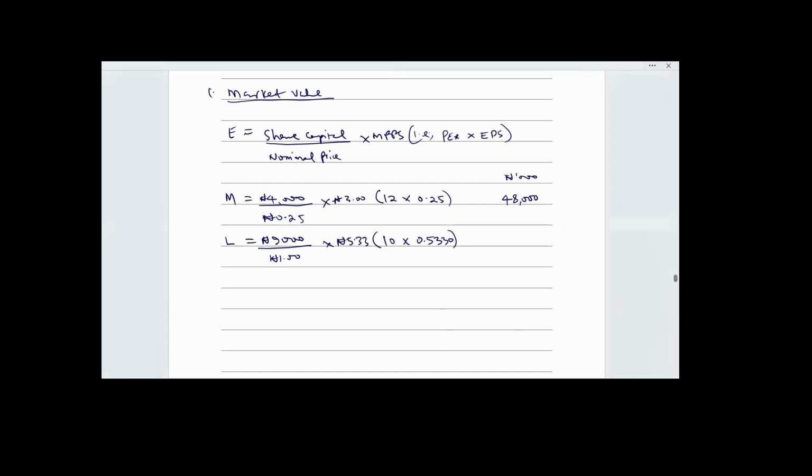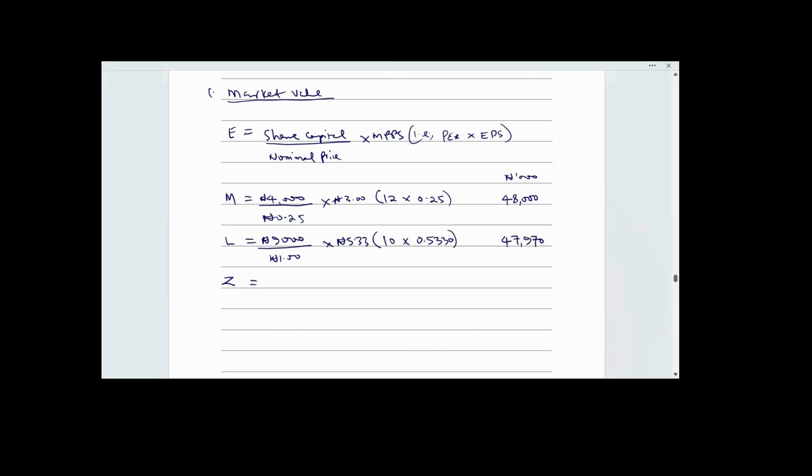So 9,000 multiplied by 5.33, we got 47,970. Here is 47,970. Then we move to the next one, which is Zambezi, denoted as Z.